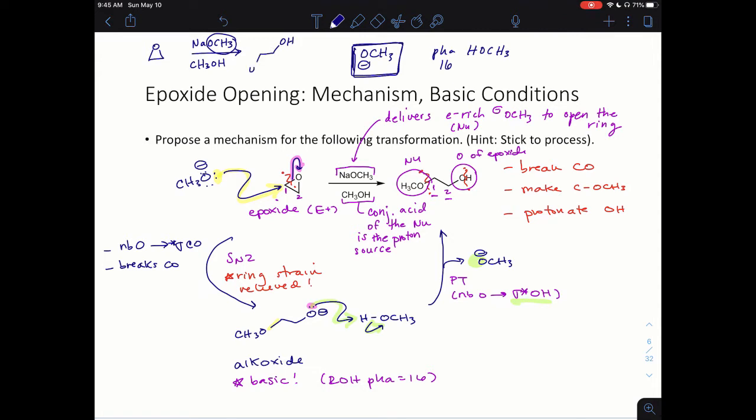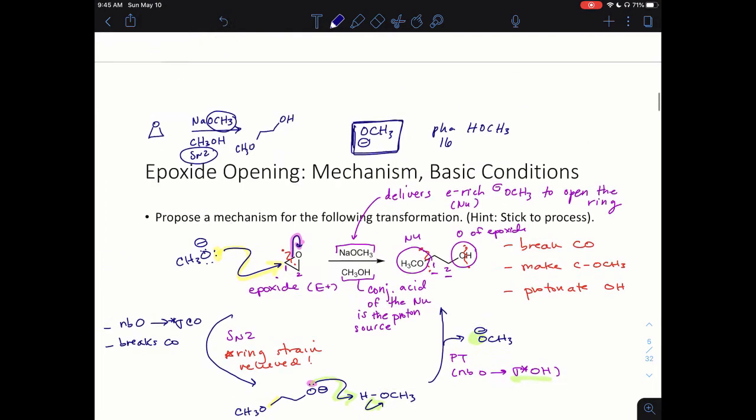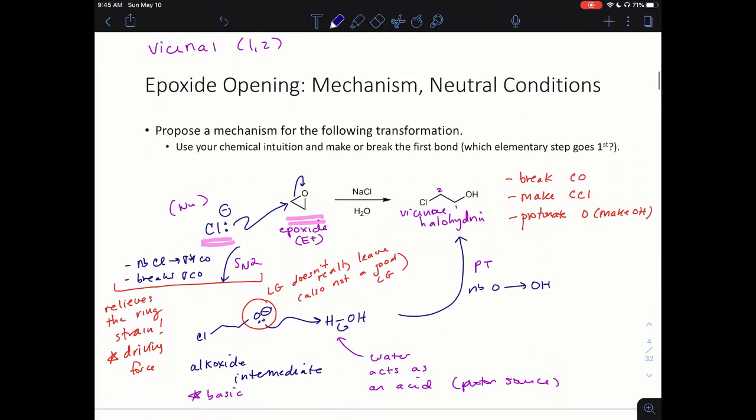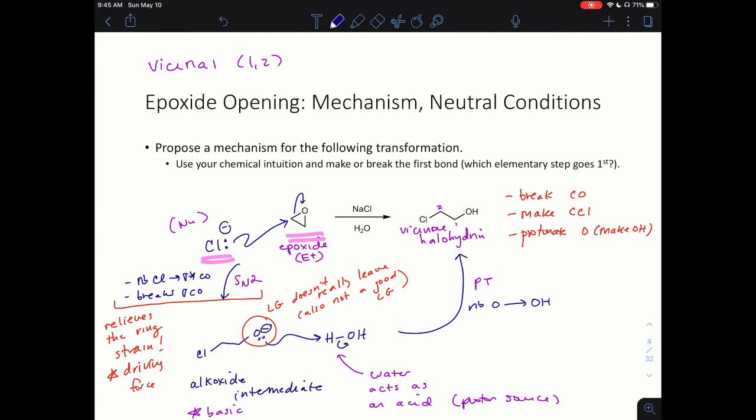All right, and then we saw this SN2 ring opening under basic conditions. The first example we looked at with chloride, these were considered neutral conditions. We did have an anionic nucleophile, just as we did with methoxide, but it's a weak base.